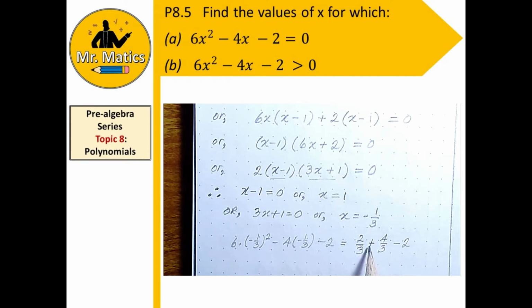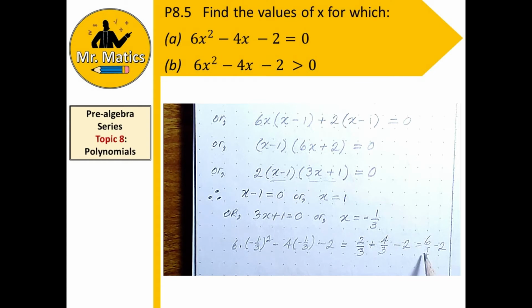2 over 3 and 4 over 3 is 6 over 3, minus 2, and you can cancel the factor 3 from top and bottom.